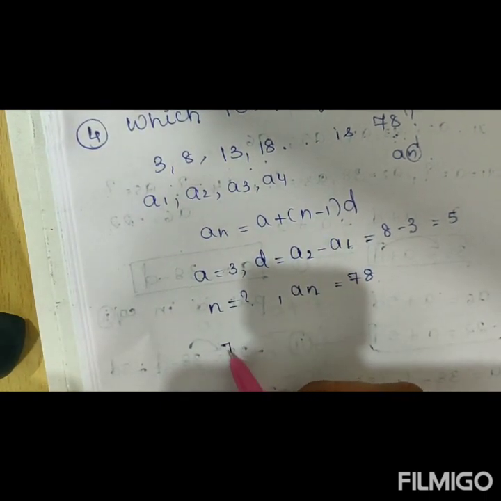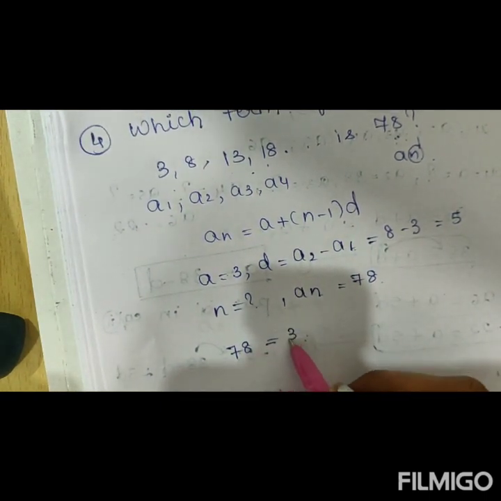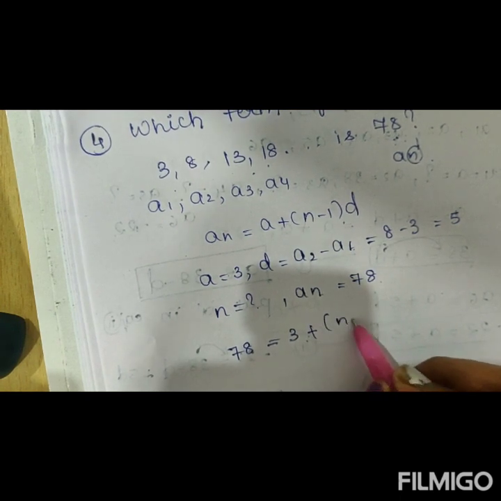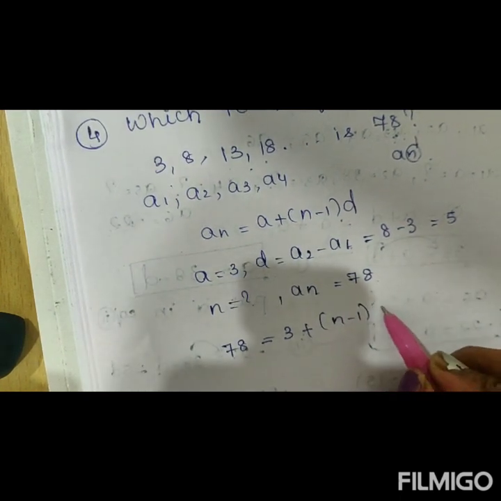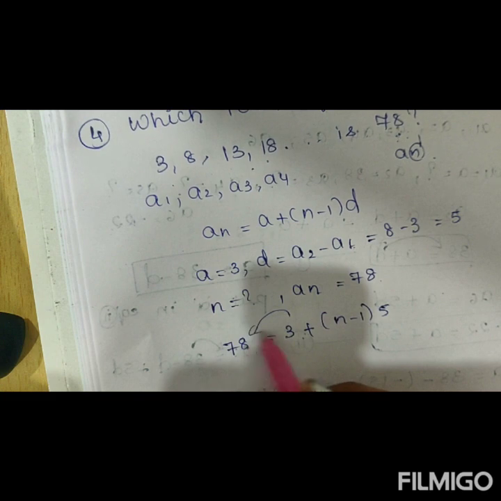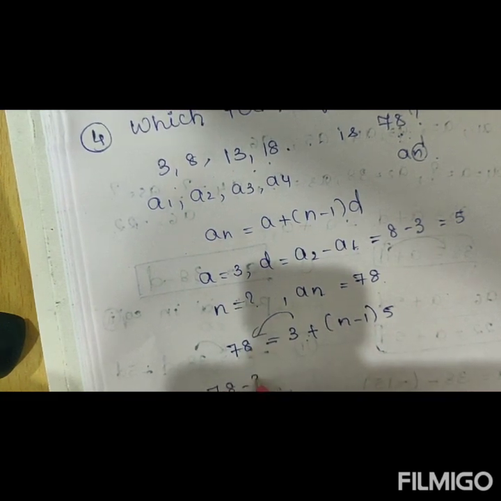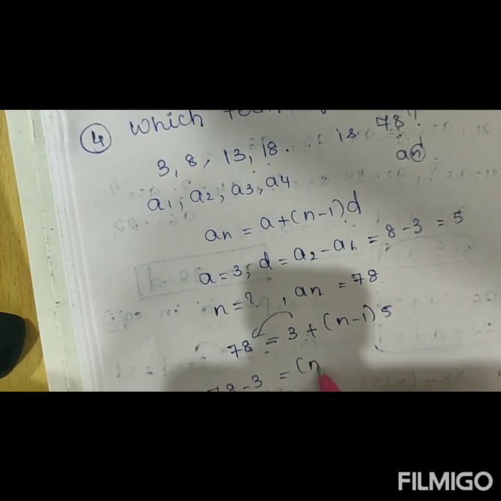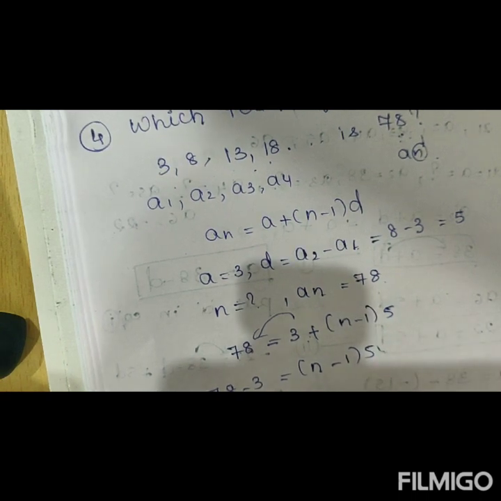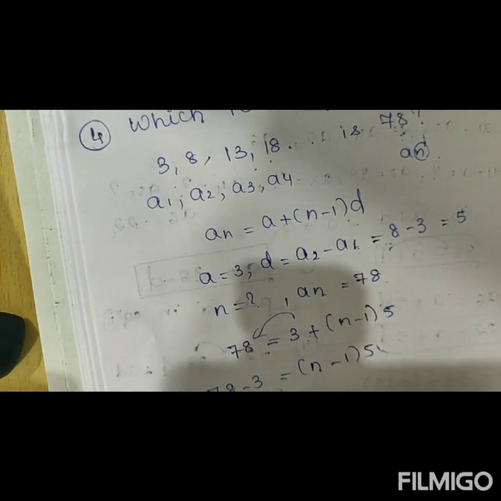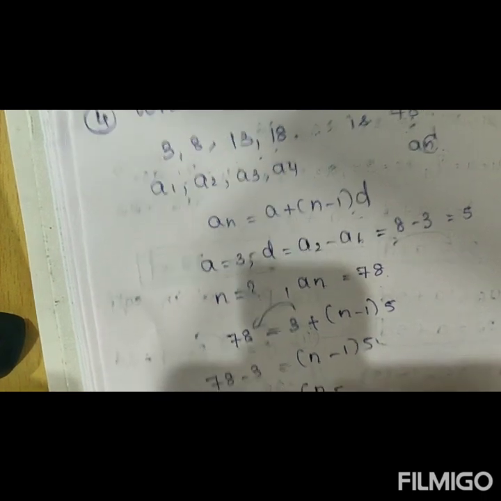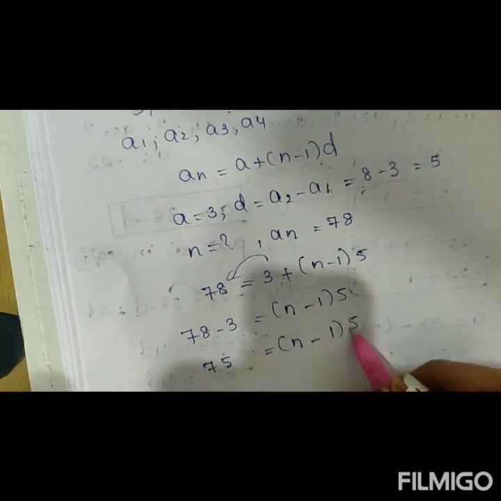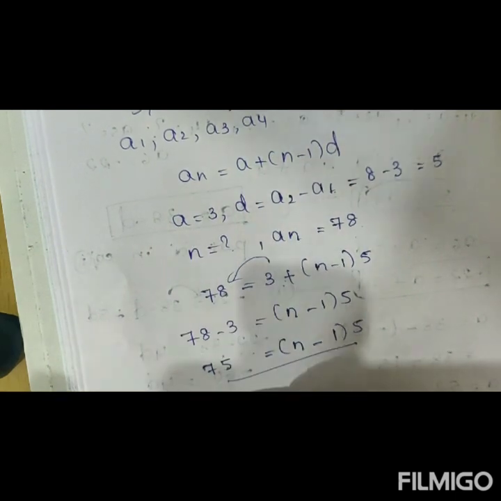So an is equal to 78, plus 3, n as it is we are going to write down, d is 5. So we are going to take 3 this side. 78 minus 3 is equal to n minus 1 into 5. 78 minus 3 is 75. N minus 1 by 5. We are going to take the 5 to the denominator.